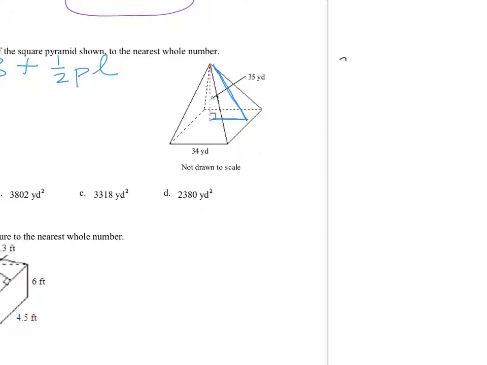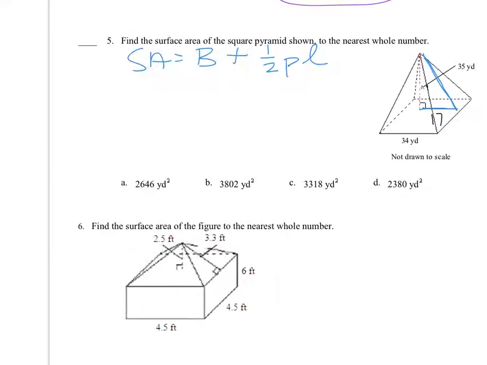My height is 35, so 35 squared plus, this is always half your side length, so this would be 17, plus 17 squared is equal to my lateral area squared. So I'm taking the square root of whatever 35 squared plus 17 squared is, and that will give me my lateral area, which is 38.9. So I'm going to round it to 39. So my lateral area is 39.